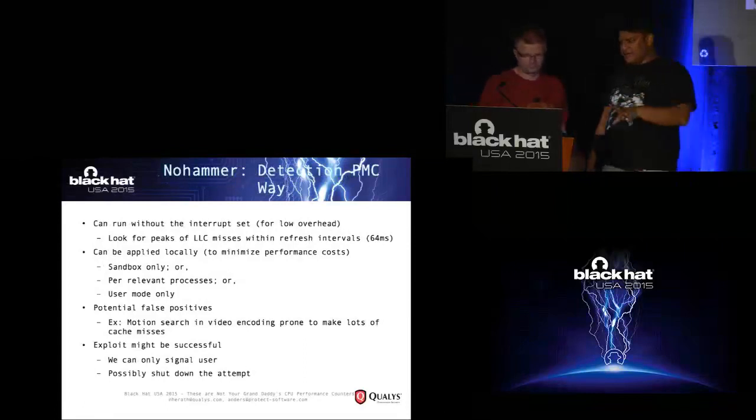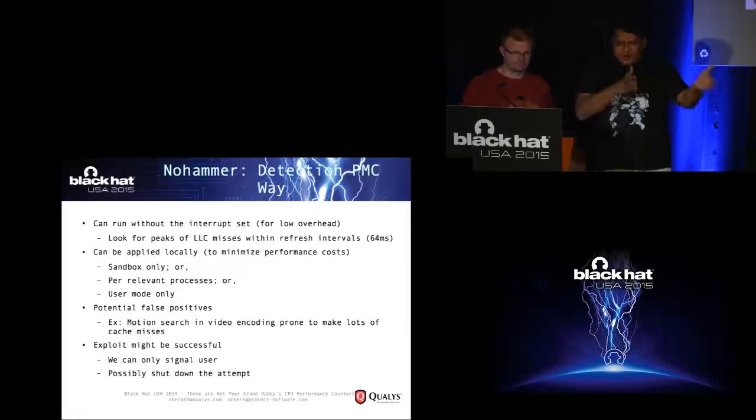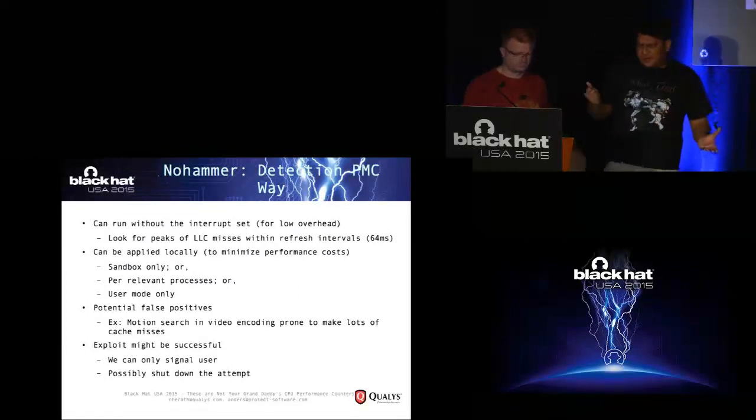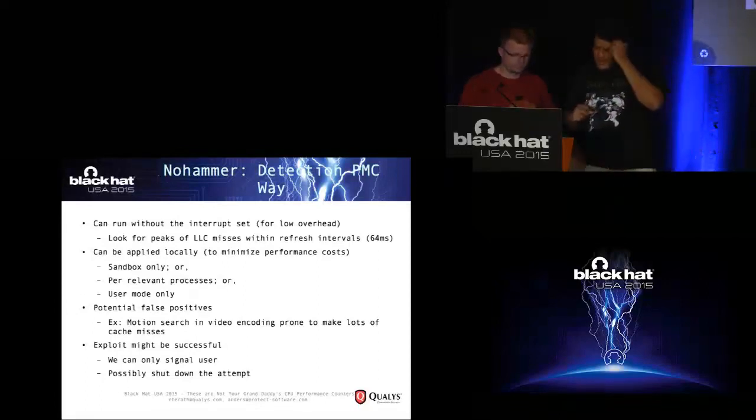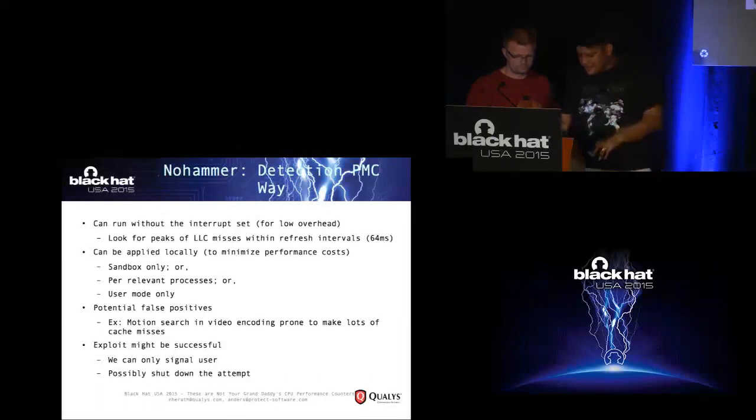Using this method, you can run with or without an interrupt, and you can look for peaks of LLC misses within a refresh interval, because rowhammering has to happen in the refresh interval. To minimize performance cost, you can apply it on a sandbox only, or for relevant processes, or in user mode only. There could be potential false positives, but you'll see how they are not necessarily that relevant.